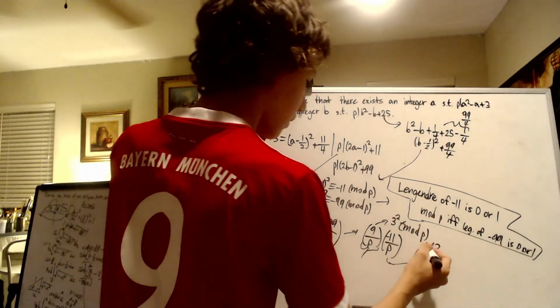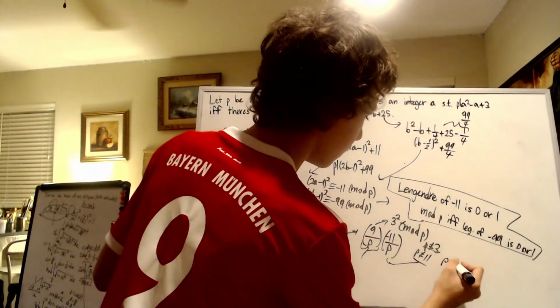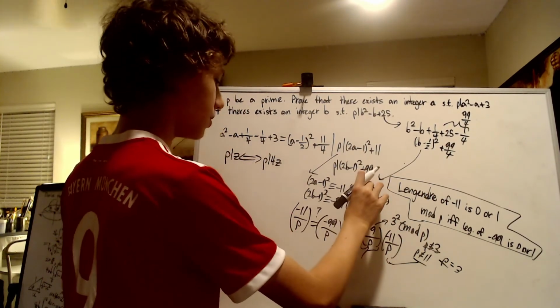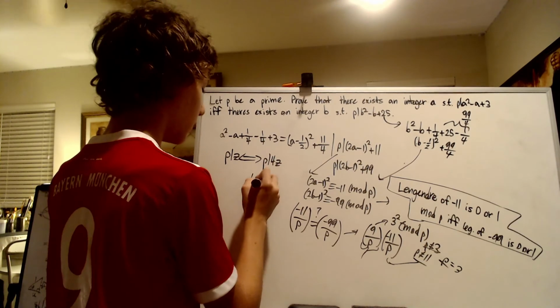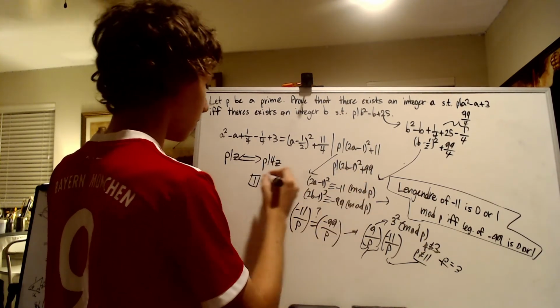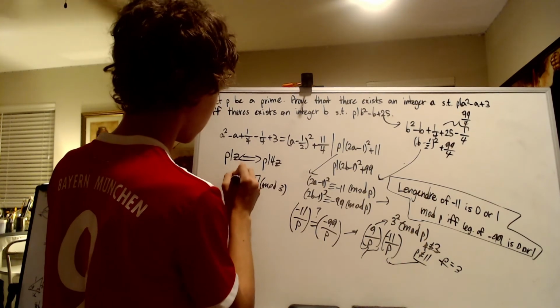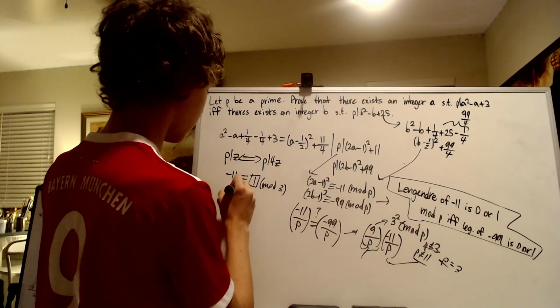But now let's look at this case, which is a bit stranger. If p is equal to 3, then if we reduce these here, −11 is going to be 1 mod 3, and −99 mod 3 is 0.